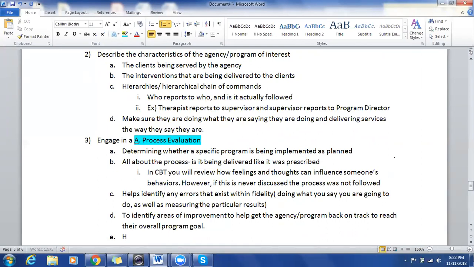And then another little caveat, it helps expand the program to other places. And a caveat here, if it is done correctly.